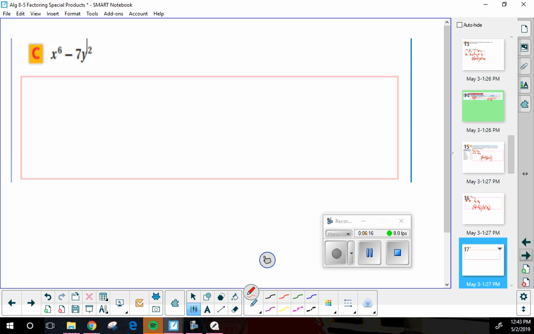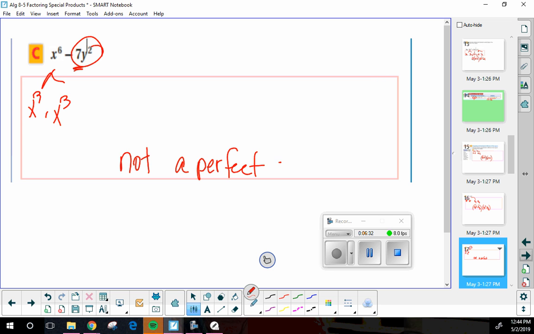Okay, so this is x to the 3rd times x to the 3rd. Wait a minute, that 7 isn't a square, so this is not a perfect square.